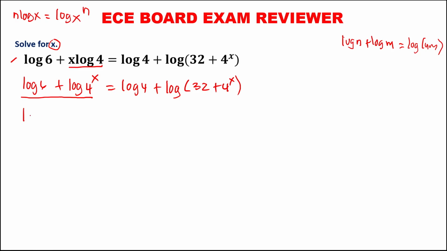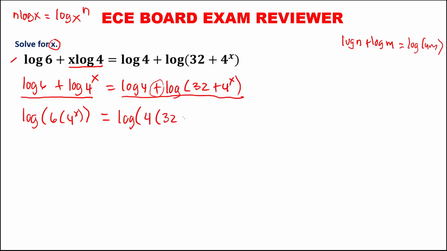So this becomes log of 6 times 4 to the power x, then equals, again using the product property of logarithm, log of 4 times the quantity 32 plus 4 to the power x.